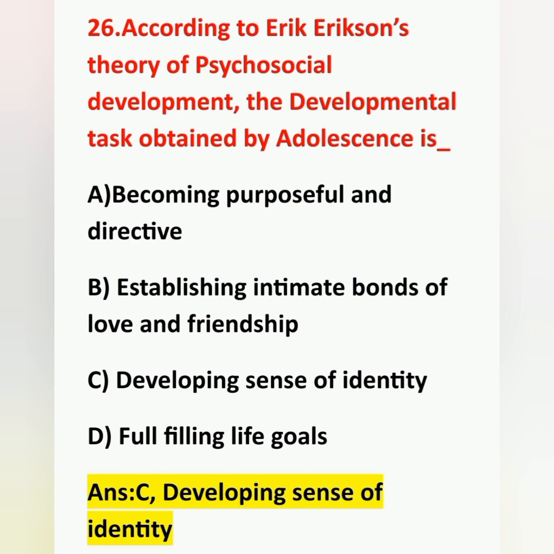This is also an important question. The main psychosocial crisis in adolescence is identity versus role confusion, and the task obtained by adolescents is developing sense of identity. Okay, option C is correct.